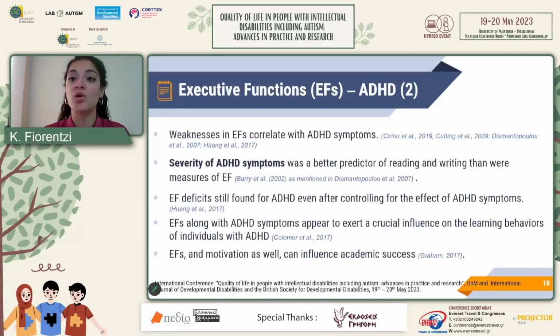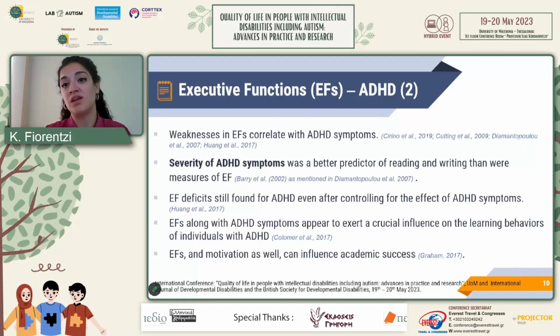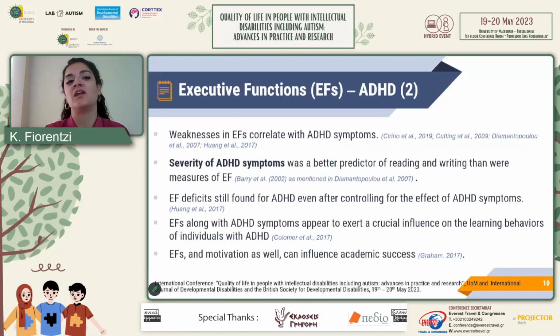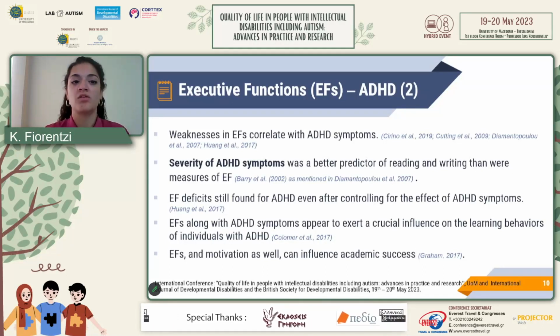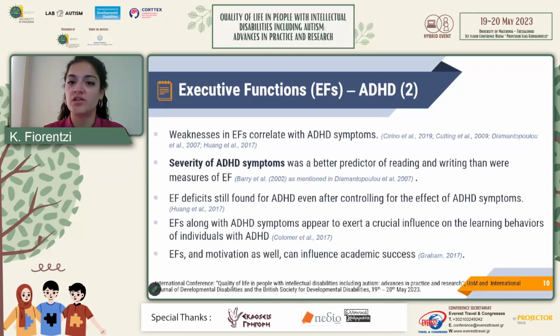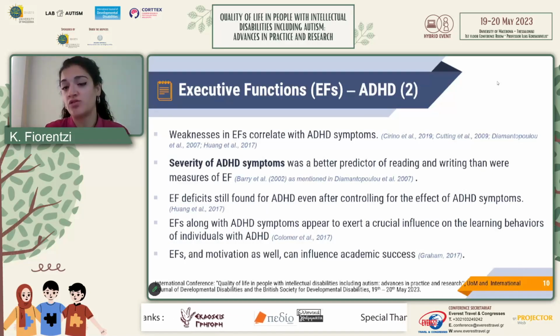However, this is not always the case, because we have executive function deficits that are evidenced even after controlling for the effect of ADHD symptoms. So, executive functions along with ADHD symptoms appear to exert a crucial influence on the learning behaviors of individuals with ADHD.